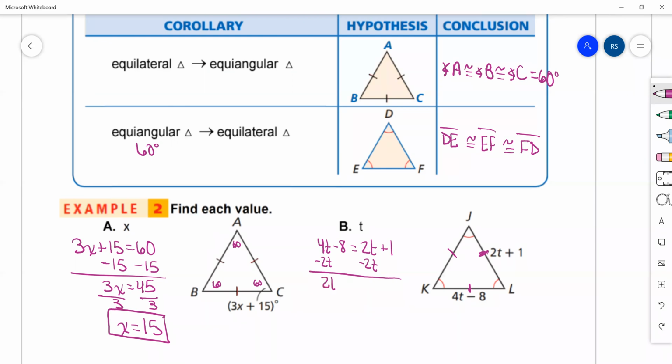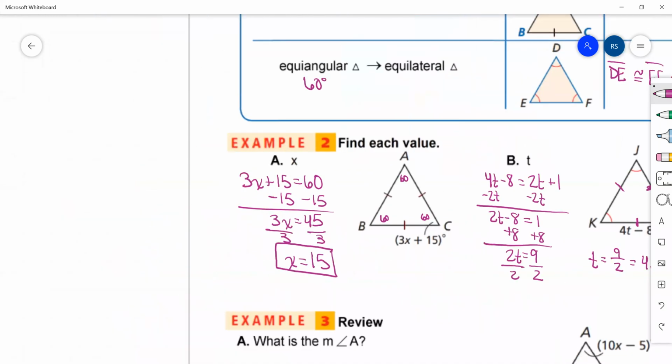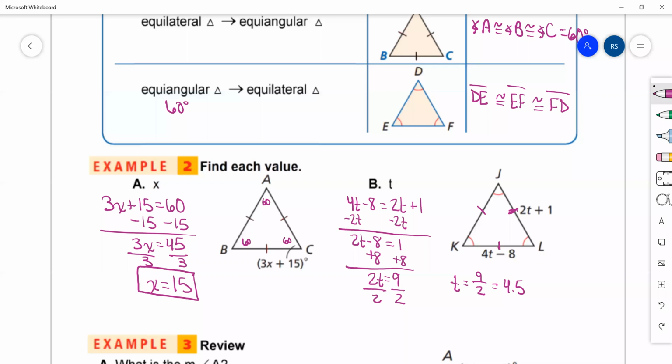I get 2t minus 8 equals 1. Add 8 to both sides. I'll get 2t equals 9. Divide by 2, and I get t equals 9/2, which is also 4.5. And it just asked me to find t, so I'm done.